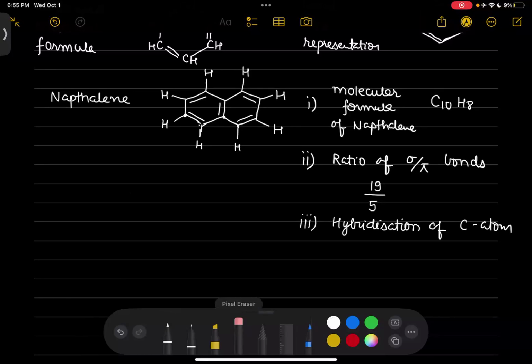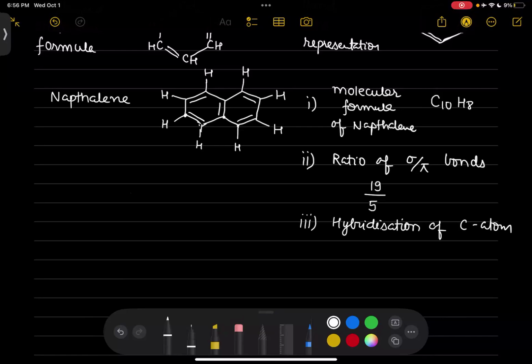Check only one carbon, not all the carbon atoms.